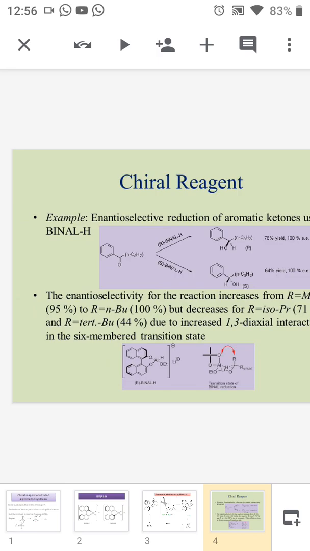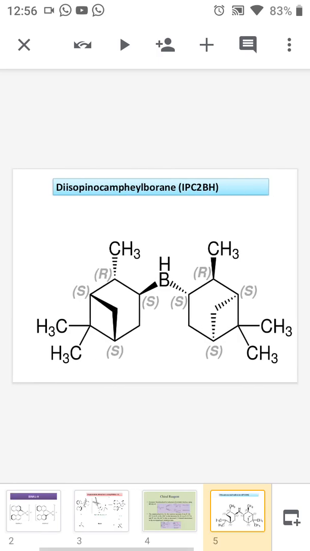Now we are moving into the next reducing agent, that is IPC2BH. This is the structure of the IPC2BH, and the name is diisopinocampheylborane. We know that the molecular formula of diborane is B2H6, that means diborane is the combination of two monomer units of BH2.